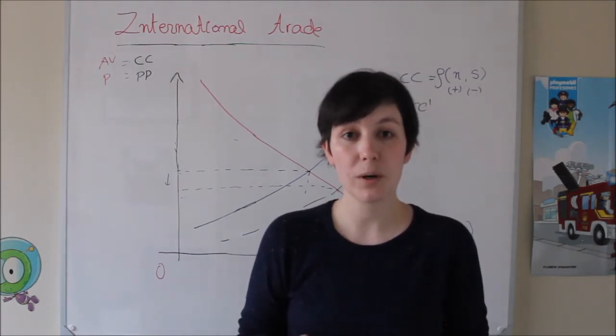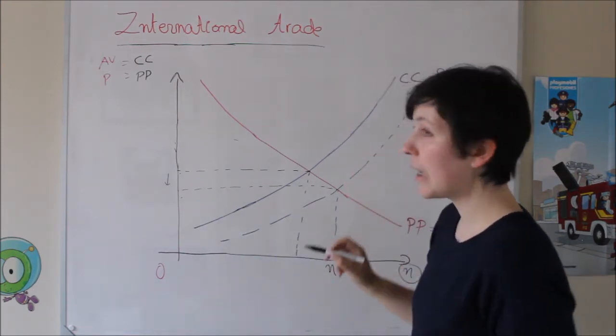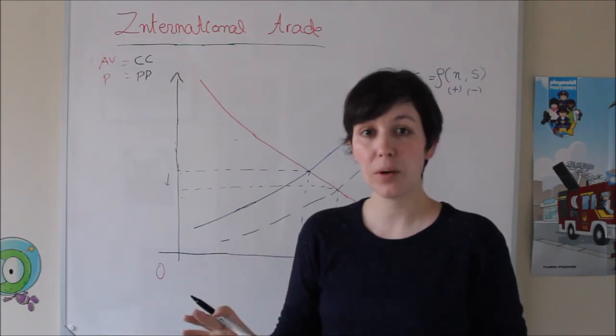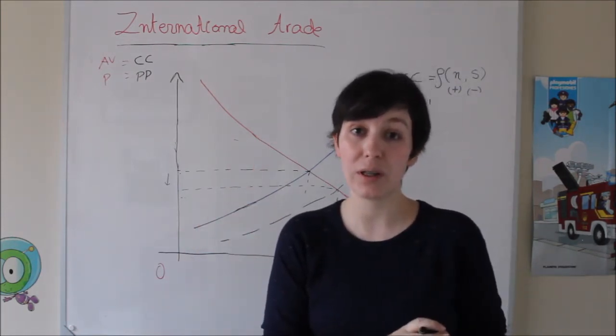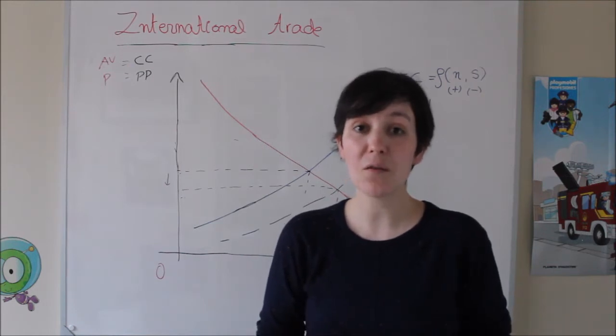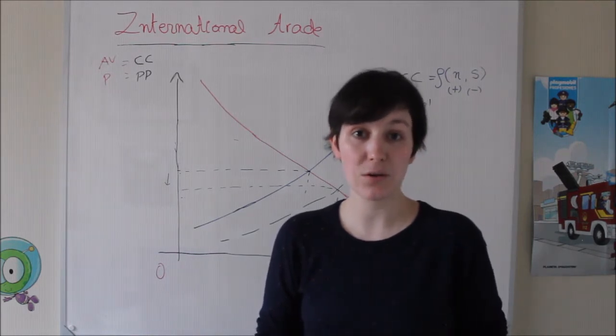But what about firms? We are going to see that the number of firms is not going to be the number of firms in the home economy plus the number of firms in the foreign economy. Eventually, some firms are going to die. So the number of firms is going to be smaller and they are going to face a higher demand.